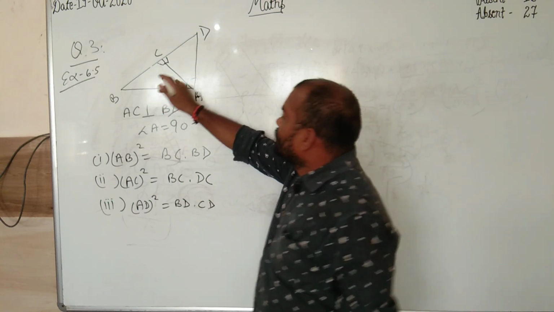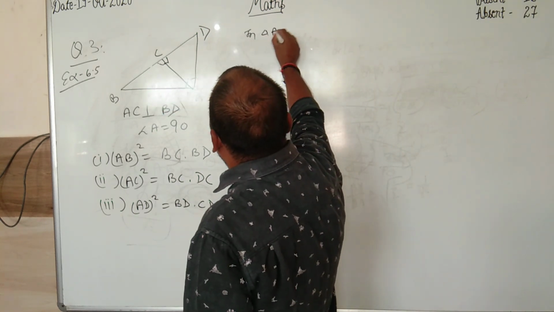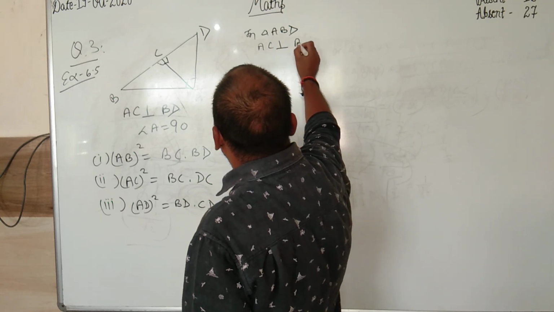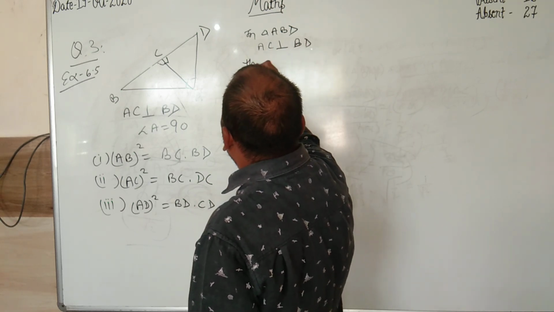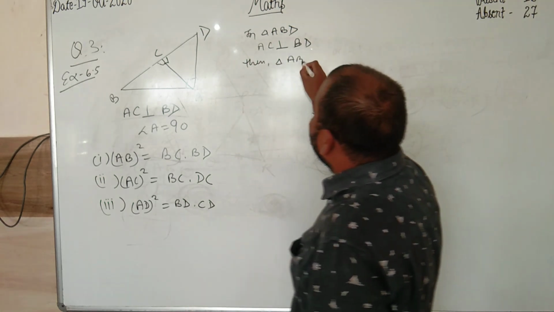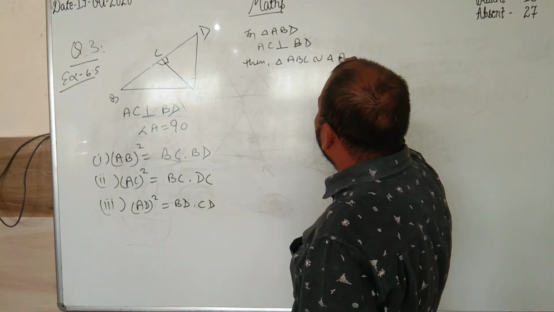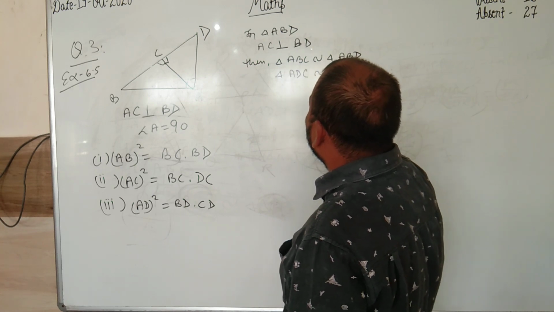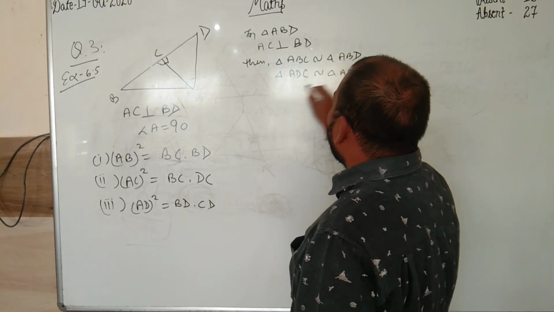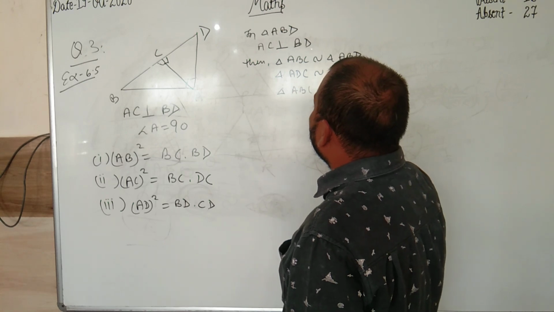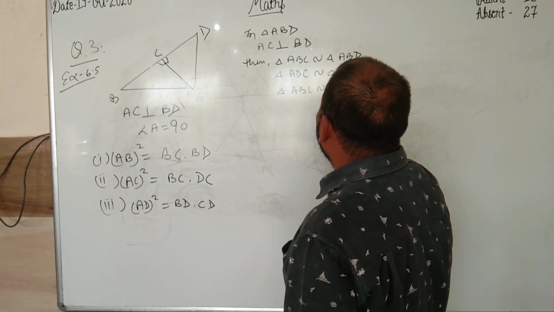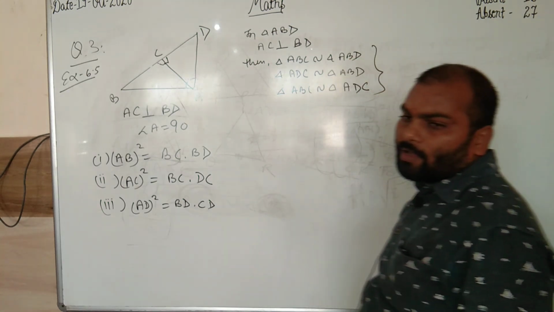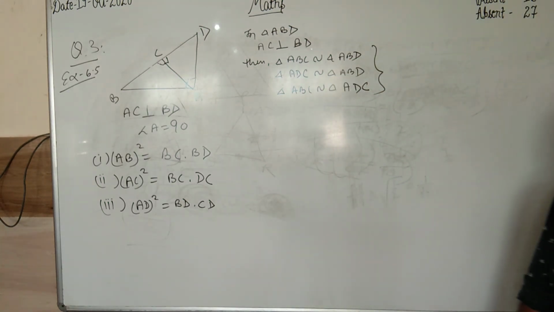Means in triangle ABD, this AC is perpendicular to BD, then triangle ABC is similar to triangle ABD, as well as triangle ADC is also similar to ABD, and triangle ABC is also similar to triangle ADC. Clear? The three theorems we have proved.